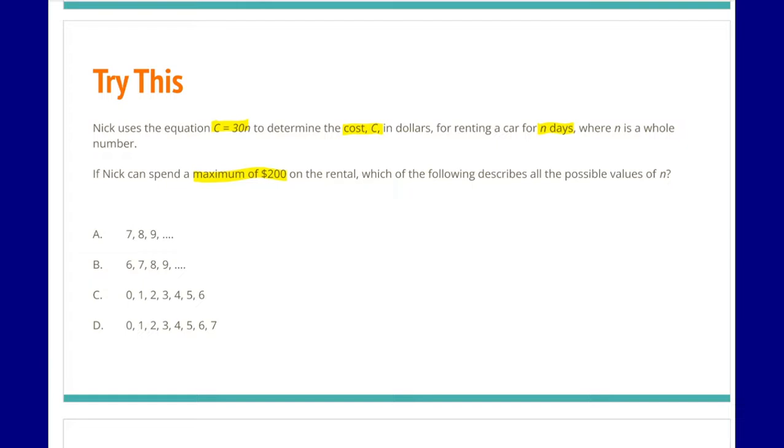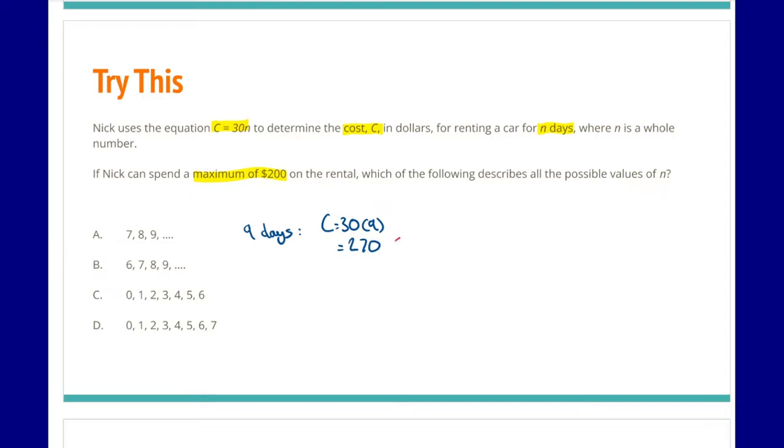So there's different ways you could solve this. You could use guess and check. In A, if I'm using 7, 8, 9, let's look at what 9 days would cost. Well, 9 days, we have C equals 30 times 9. This gives us 270, which is more than we have to spend.